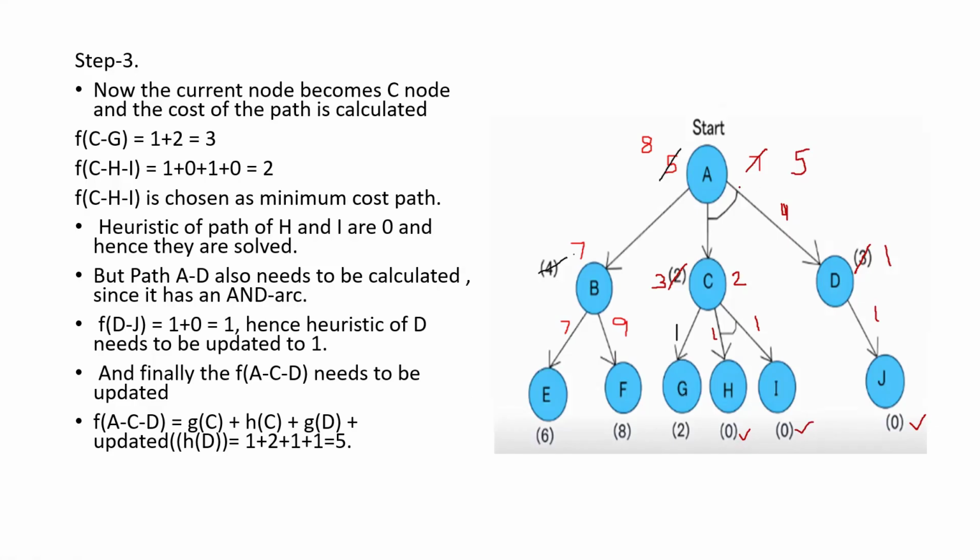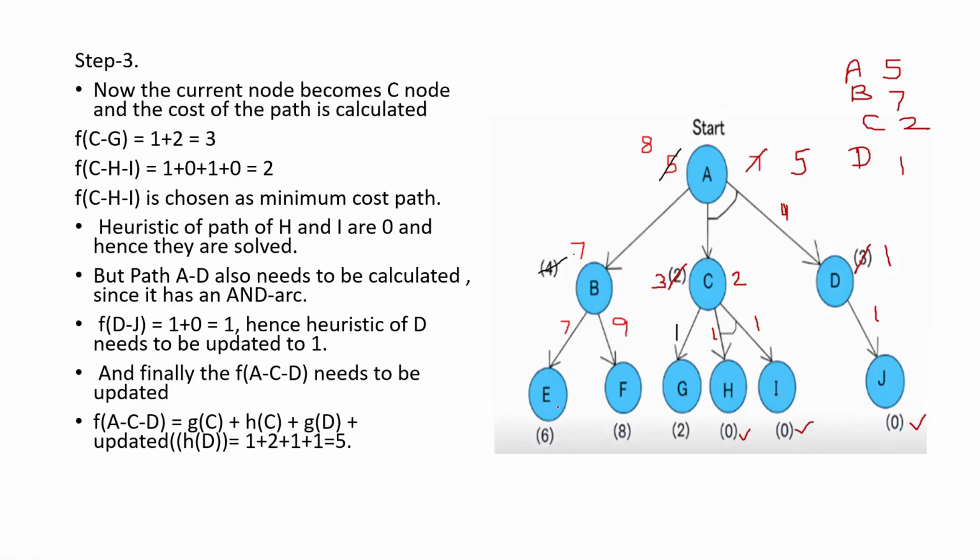Finally you have to write the heuristic value of A. What is the heuristic value of A? It is 5. Okay. Then what is the heuristic value of B? Heuristic value of B will be 7, right? Yeah, 7. And heuristic value of C is 2. And heuristic value of D is 1.